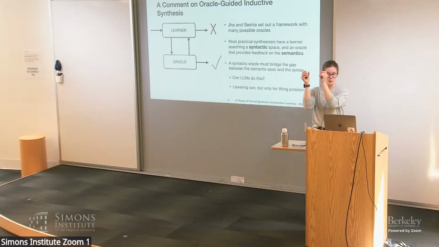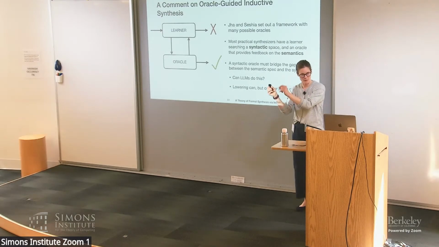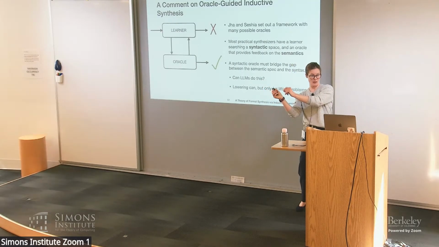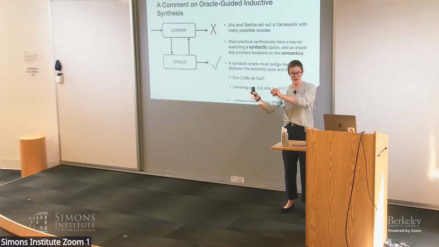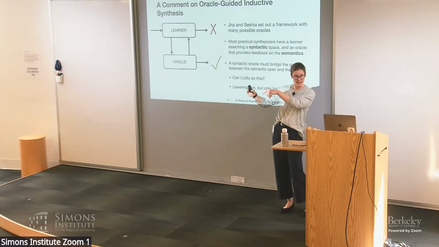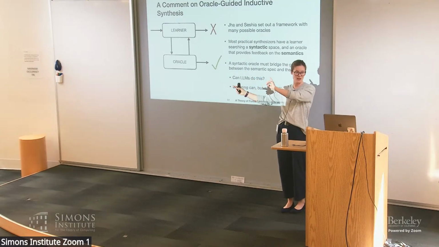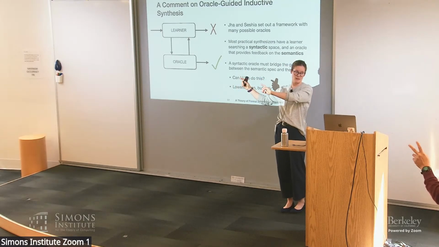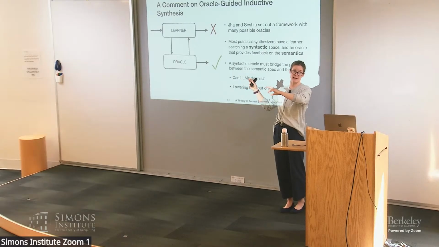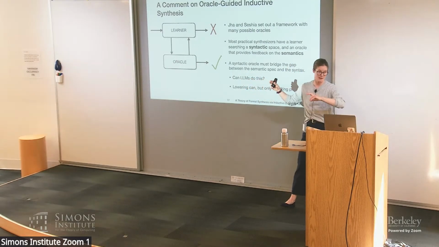Because we have lowering, we can effectively infer a new specification for any guess. We can say, okay, this is a lowered program that is equivalent to the guess you've got, and then look at the difference between the two specifications. This is what you were doing in the Conrule. Yeah, and I don't know how you do that for non-lifting problems.